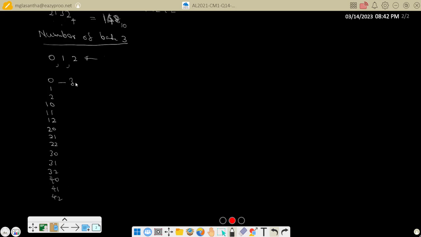So this is 0, this is 1, this is 2, this is 3, this is 4, this is 5, this is 6, this is 7. So you use only 3 symbols for base 3 numbers, right?